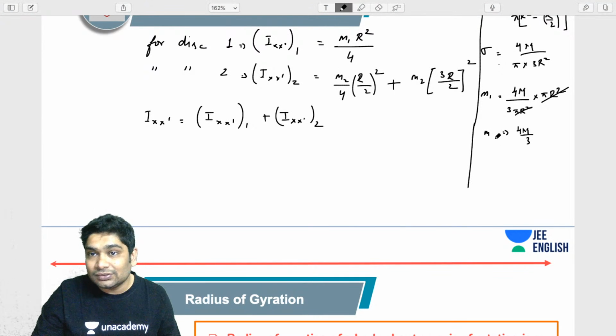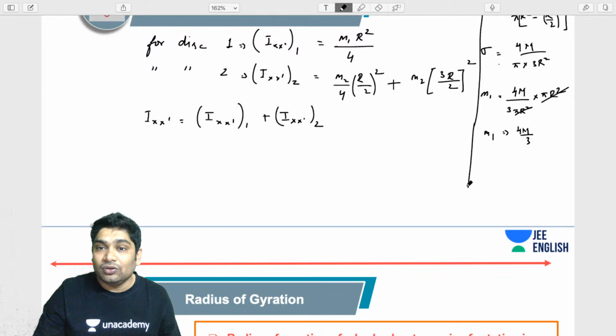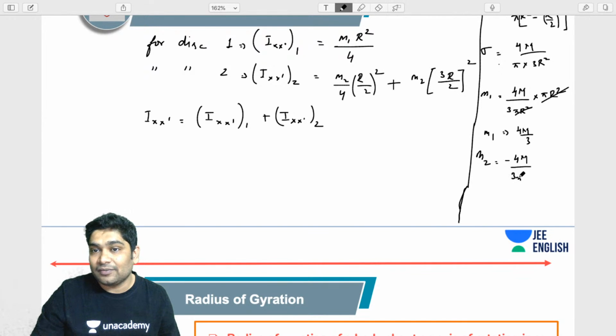What will be M2? M2 would have the same negative sigma. M2 would have been minus 4M by 3 pi R square into the area of the second disk, which would be pi r by 2 whole square, so pi r square by 4.